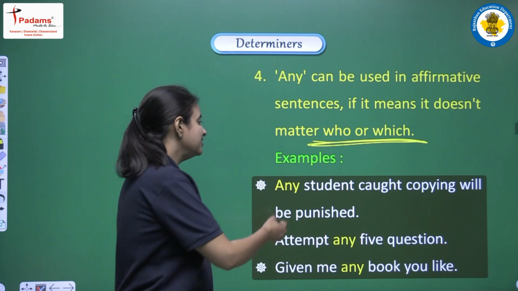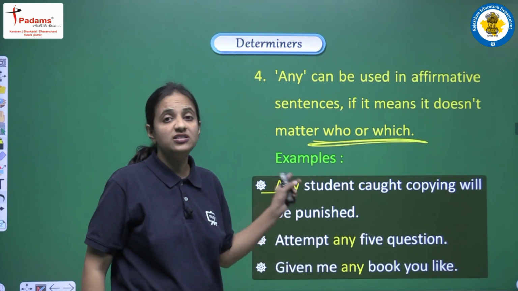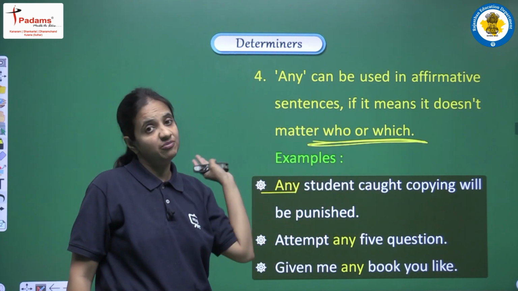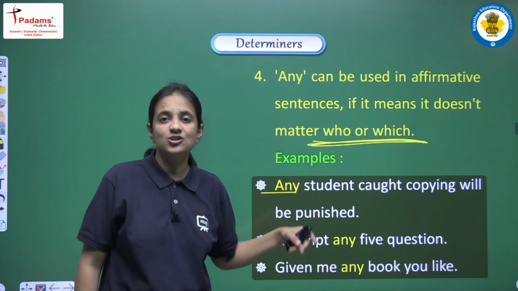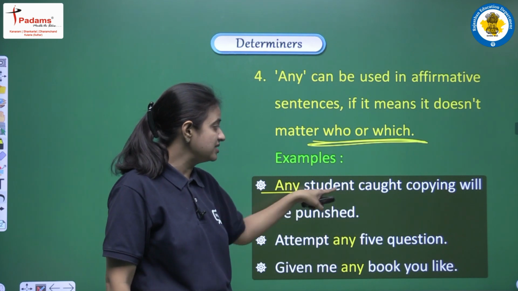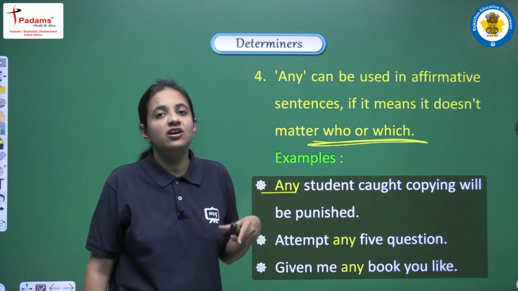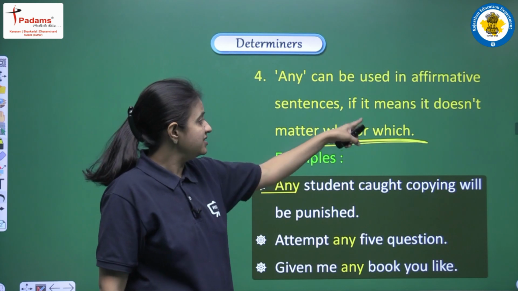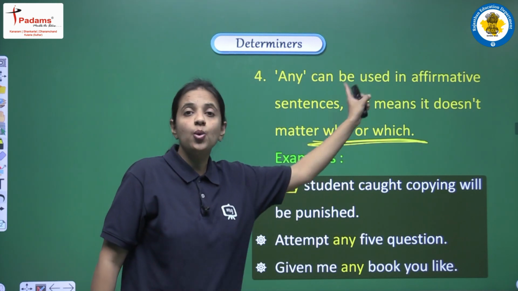This is the reason we are using any here. Because this is a positive, affirmative sentence, but in this sentence also we have to use any. Why? Because here we are talking about the noun student, which is not at all particular, and here we mean that it doesn't matter who or which.